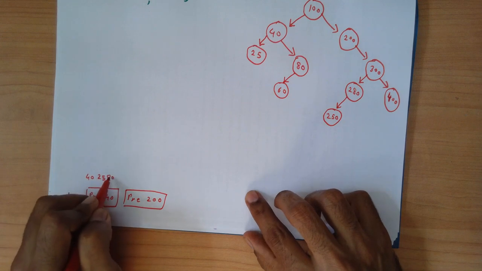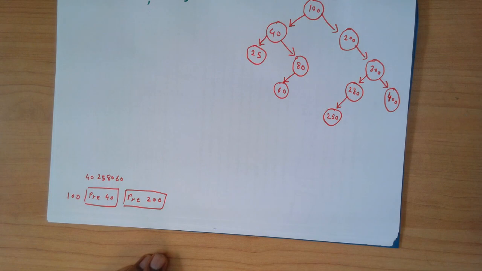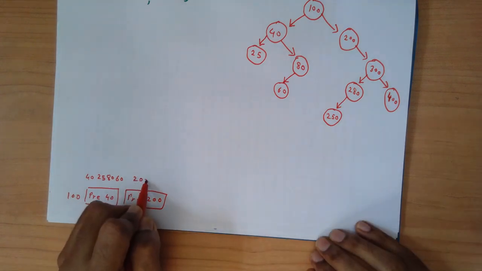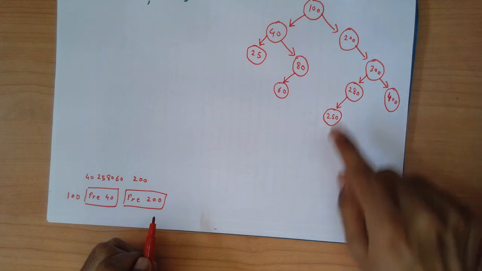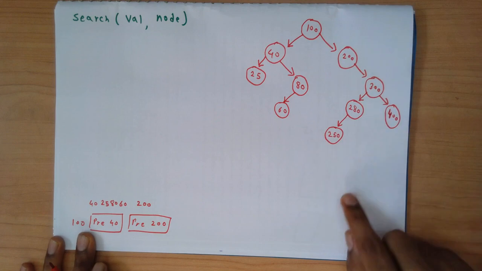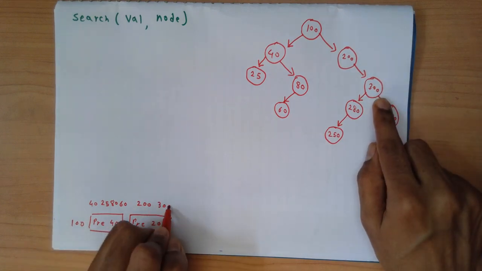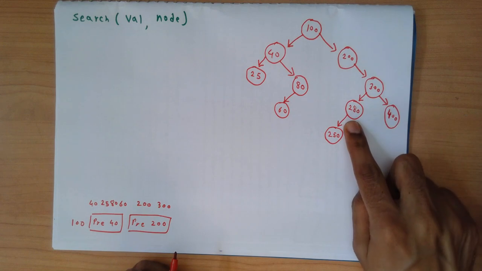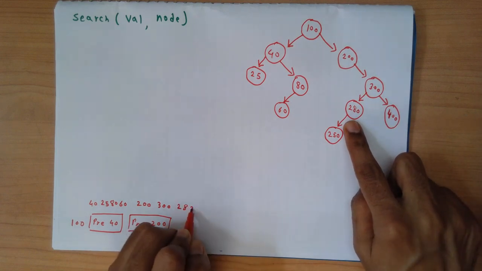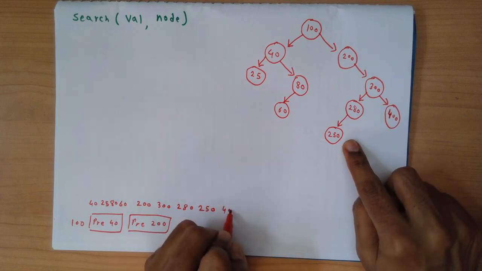So that's the result for the pre-order traversal of 40. Then the pre-order traversal of 200 would be 200 followed by the pre-order traversal of the left, which does not exist, and then the pre-order traversal of 300 would be 300 followed by the pre-order traversal of the subtree rooted at 280. It would involve 280 followed by 250, and then I will have 400.